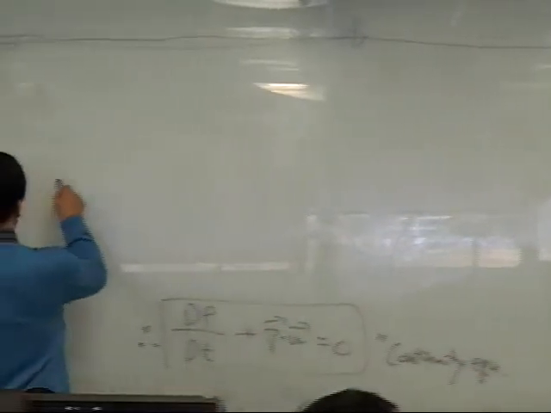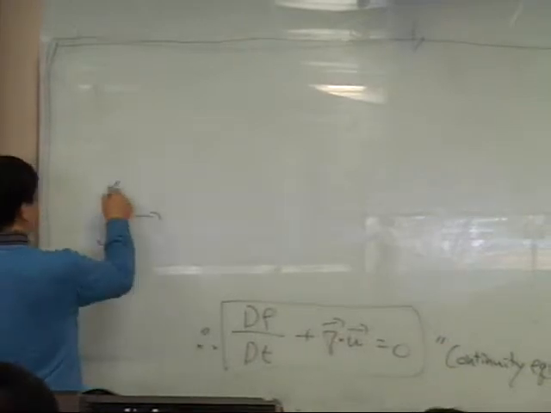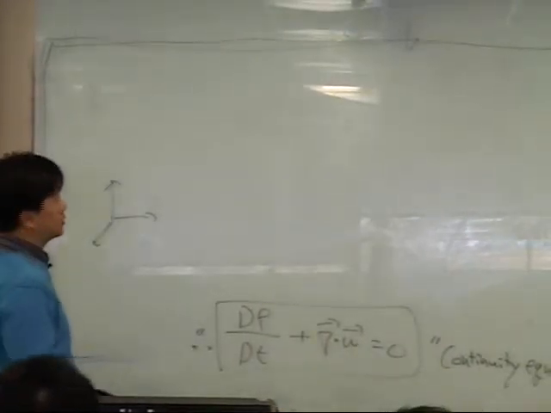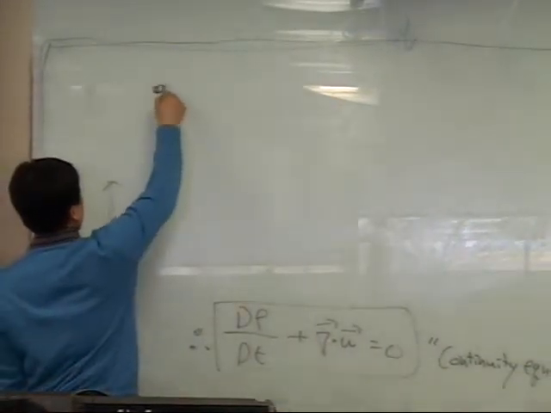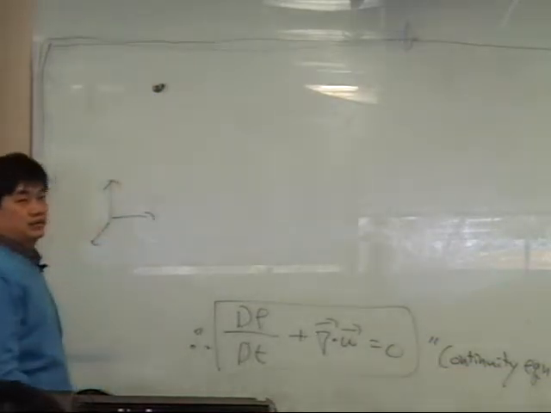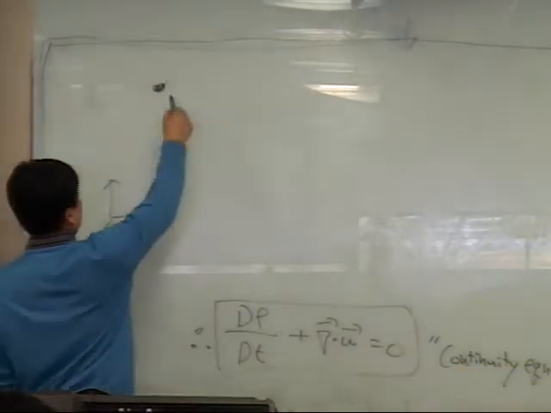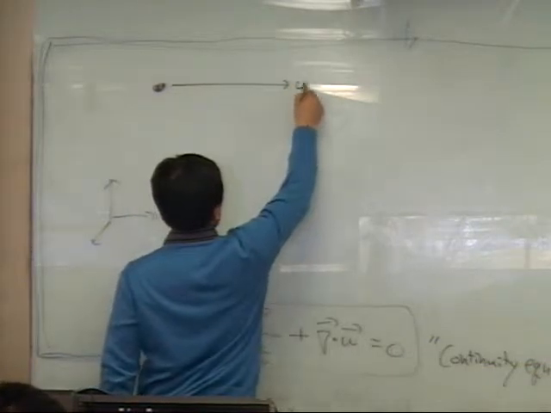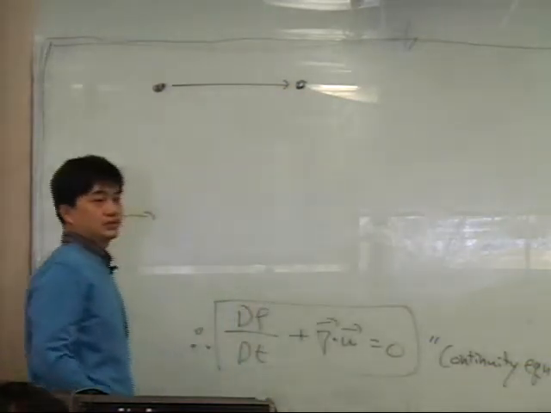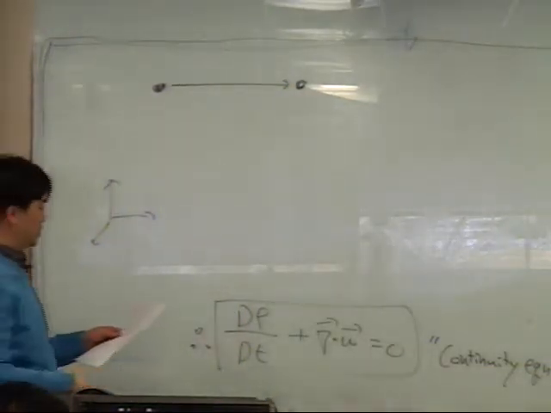Let's assume we have some coordinate system here, and there is some fluid particle here. This fluid particle will move with some velocity like that.